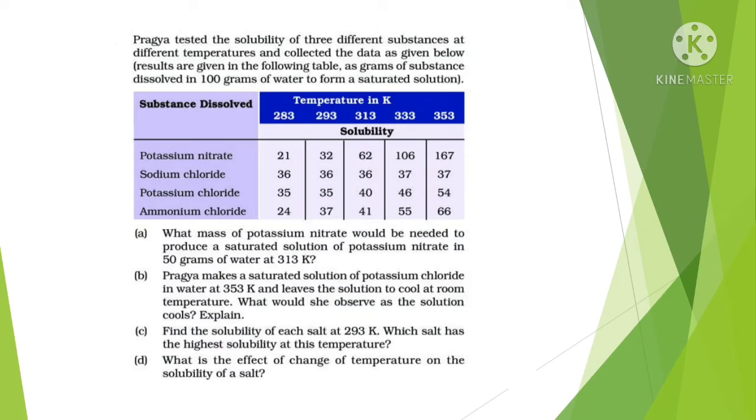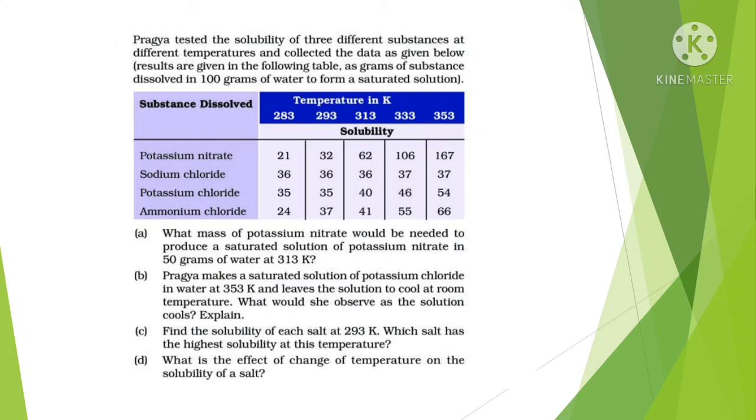Now the next part is, find the solubility of each salt at 293 Kelvin. Which salt has the highest solubility at this temperature? We can check in the table that the solubility of potassium nitrate at 293 Kelvin is 32 and the solubility of sodium chloride is 36 grams at 293 Kelvin.